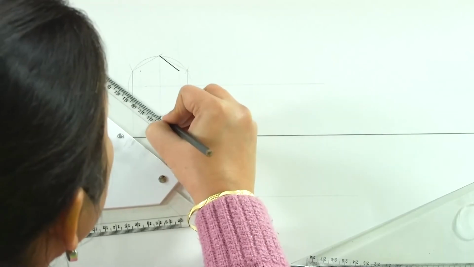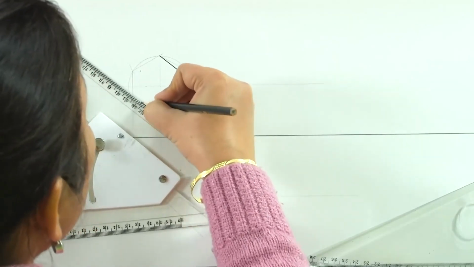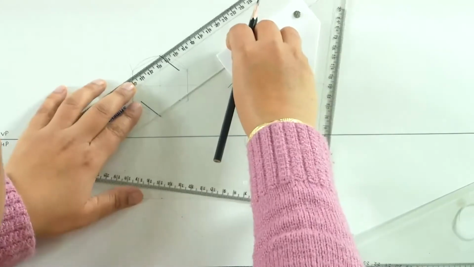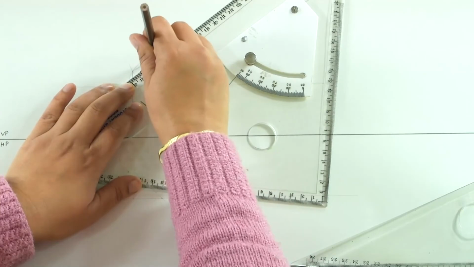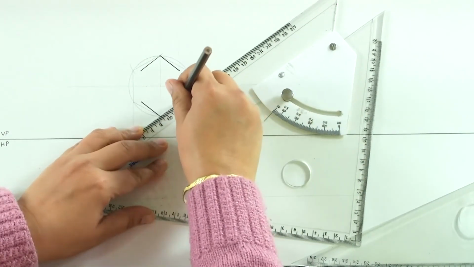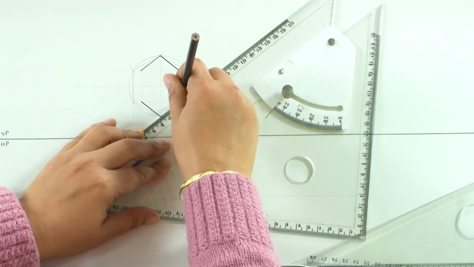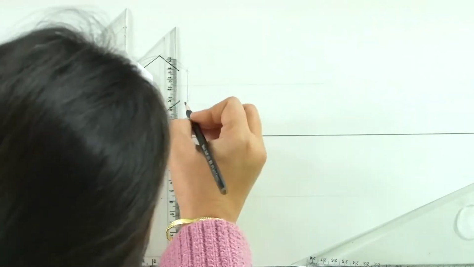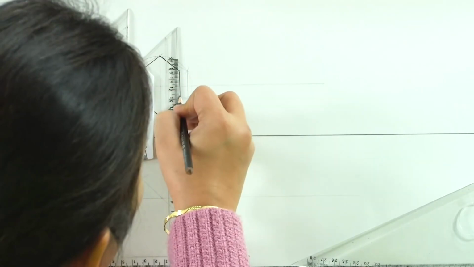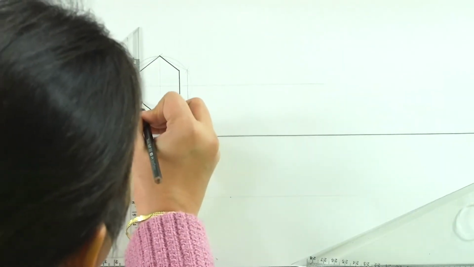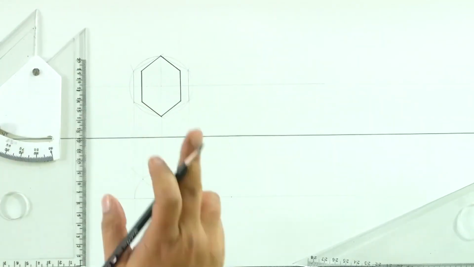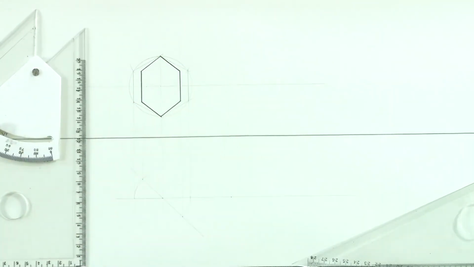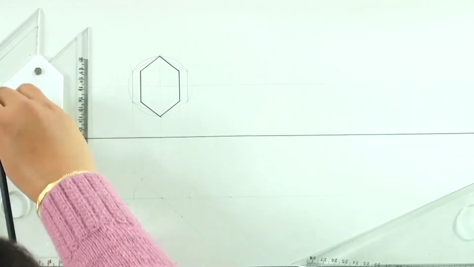So what we have here is this. This is the new hexagon that we will get, which is the final projection of this given hexagon, which is perpendicular to HP and making an angle of 45 degrees with VP.